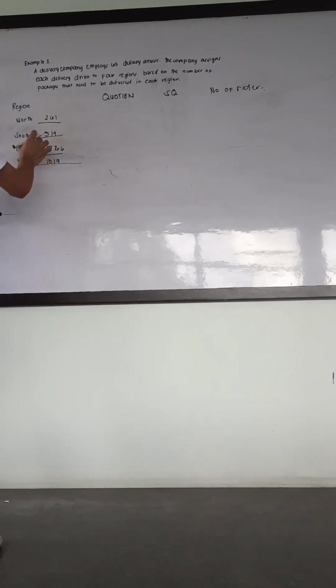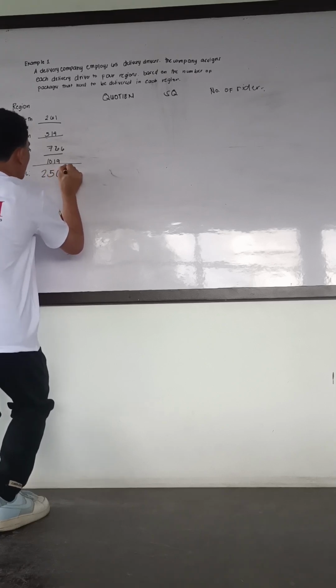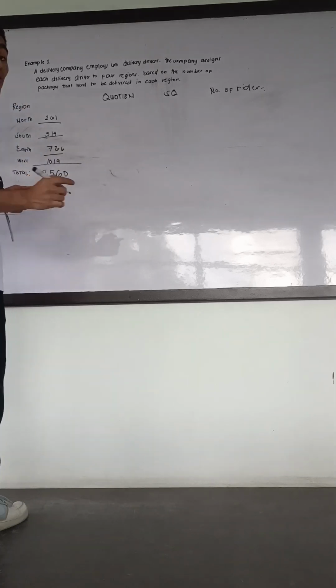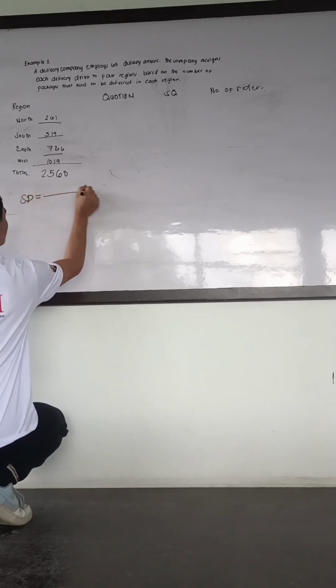So in this case, we have the summation of 261, 514, 766, and 1019. So we have 2,560. So we can now calculate the standard divisor.